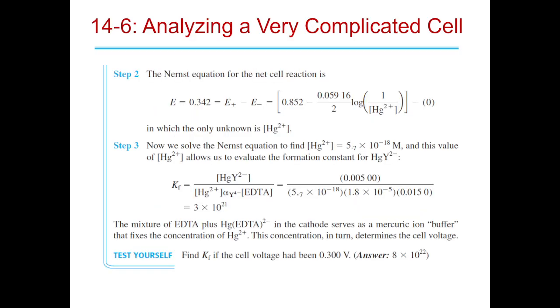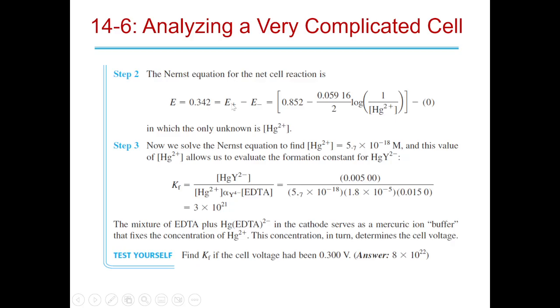Well, we have something that's related to that, don't we? We have a Nernst equation. We have voltages and we have the Nernst equation. So remember, your E value was 0.342, right? Your E minus was, well, 0, because that was an SHE, right? No problem.